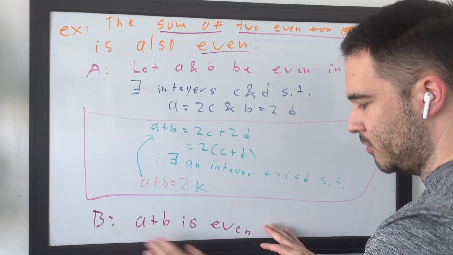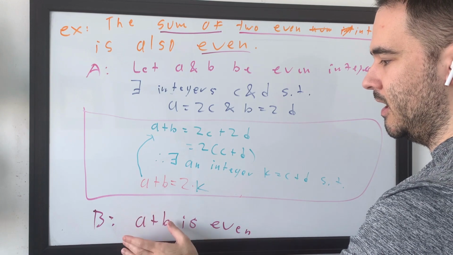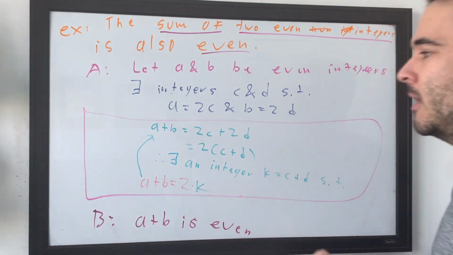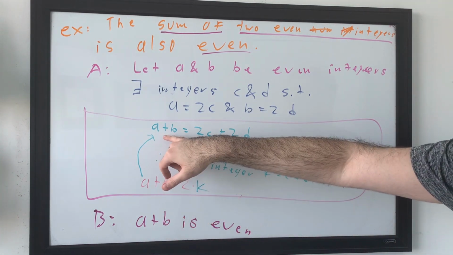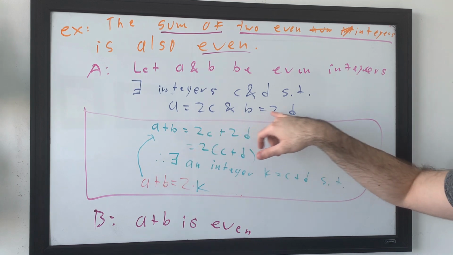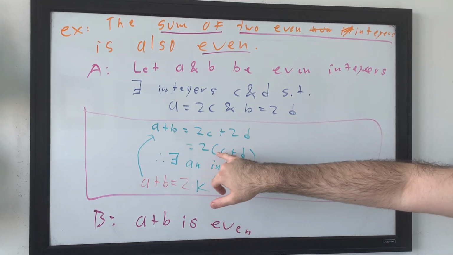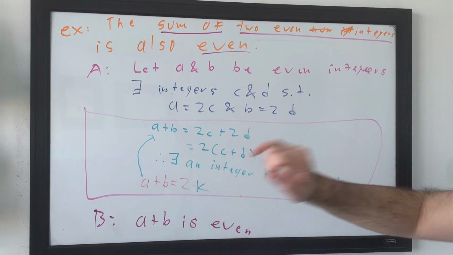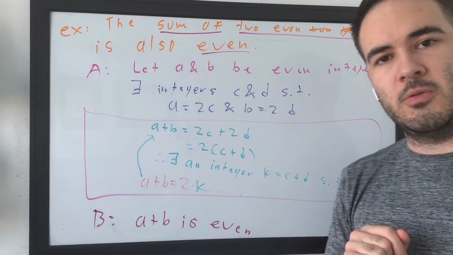We then worked backwards using the definition of even to say what A plus B needs to be. Then we started working with the in-between, where we noticed we need to get A plus B. We started by adding A plus B together using the top statement, grouping the twos together, and that led us to show that C plus D was in fact the k we were looking for. Let's do another.